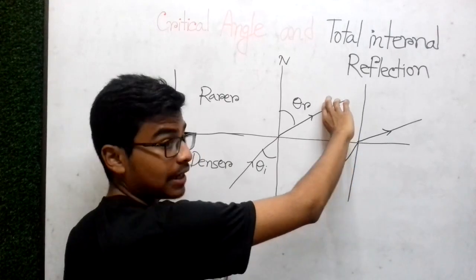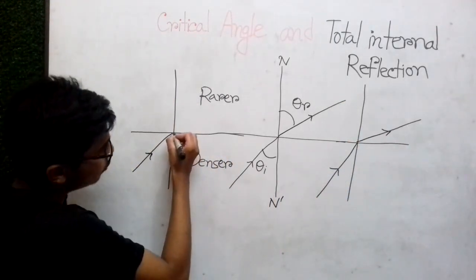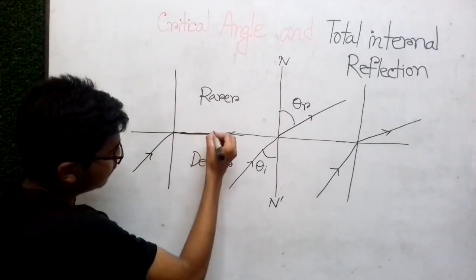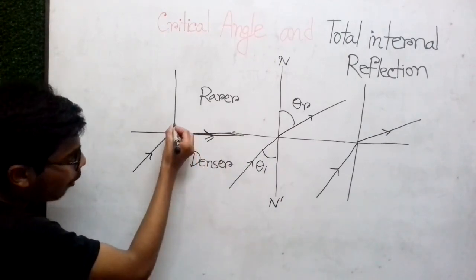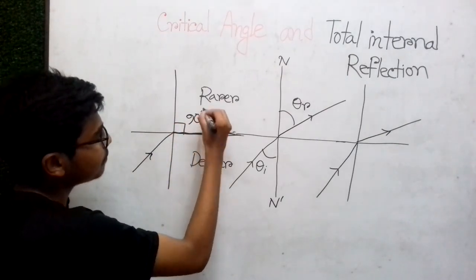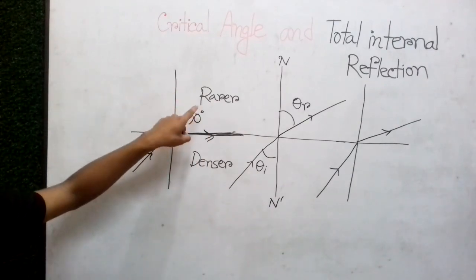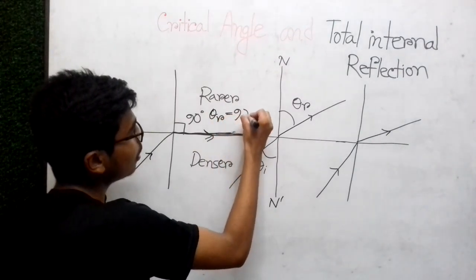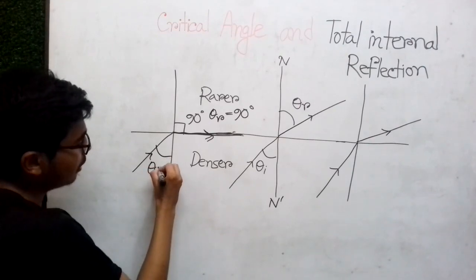If it bends so far that it goes along the straight line, how much angle is produced here? That is 90 degrees. So the angle of refraction theta r equals 90 degrees.